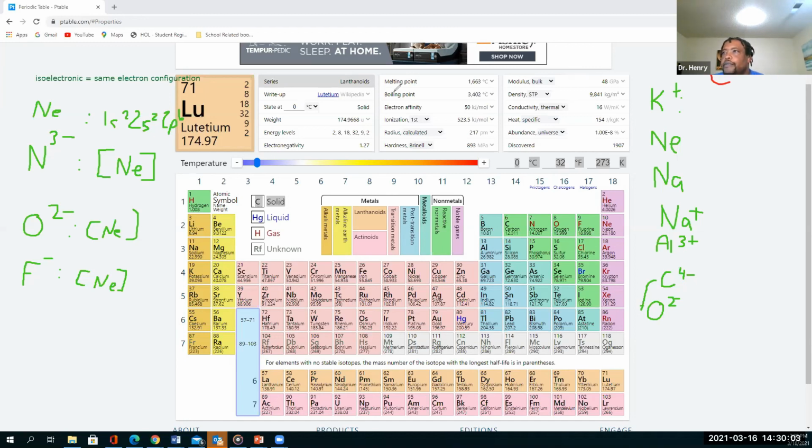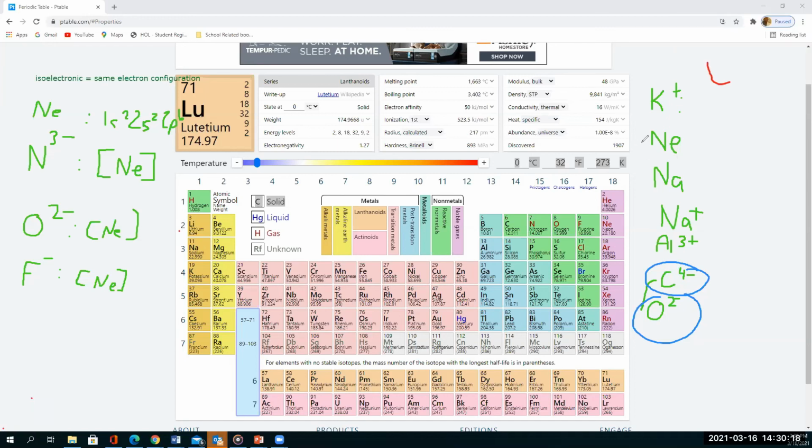So let's circle them in blue. These two guys so far, anything else? Would Na and Ne have it that way as well? Well, Na is not an ion, right? But Ne would have the same electron configuration as N3 minus and O2 minus. That's true. Oh, but you're saying Na plus?